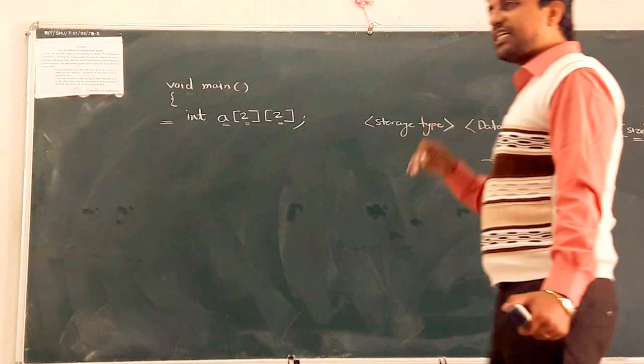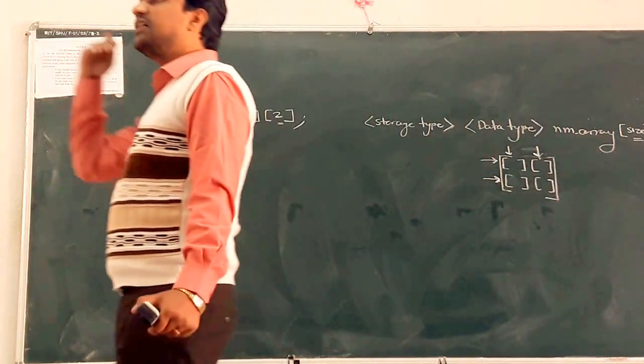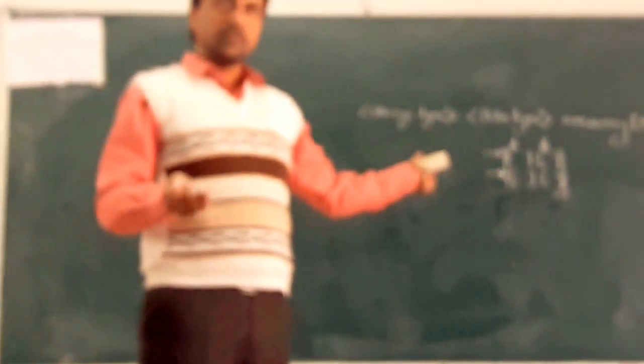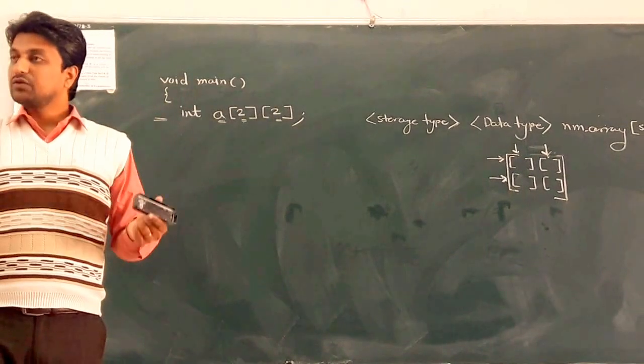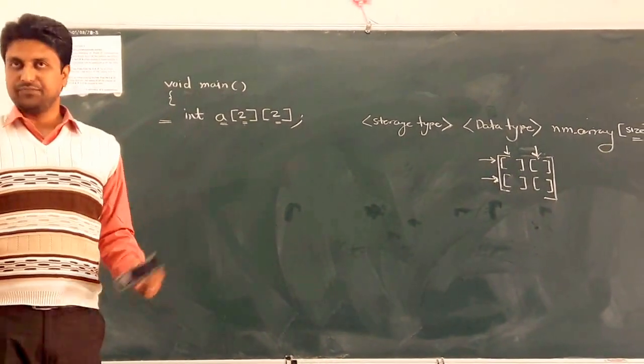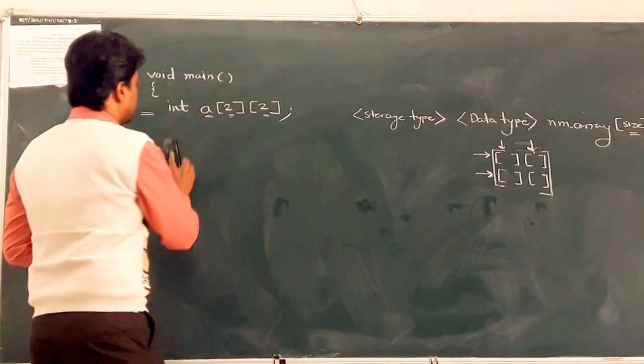Or we can initialize the two-dimensional array at runtime dynamically. That is, we can take the values from users at runtime and initialize the two-dimensional array. So basically, how can we initialize two-dimensional arrays statically? Let's see.